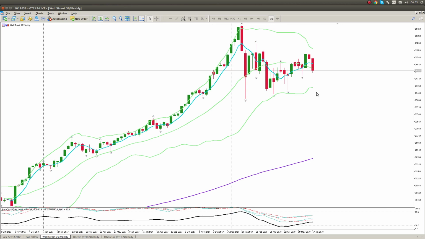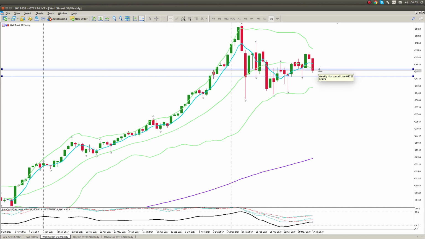Now the big question is, are we going to come down some more, or are we going to return to the upside? Now, there is a massive area here, and it's not so much a single level, but more a case of a zone.